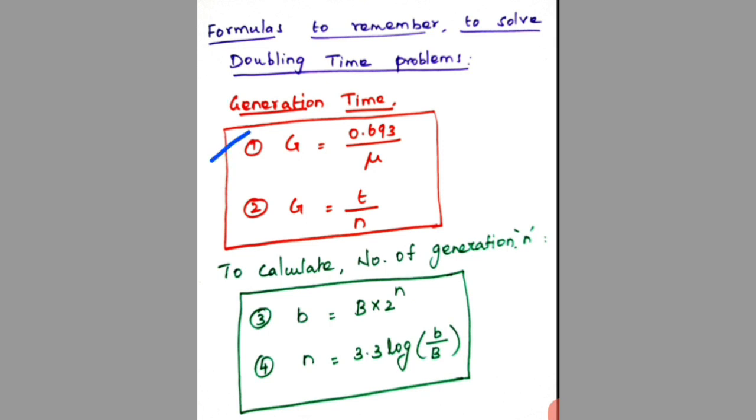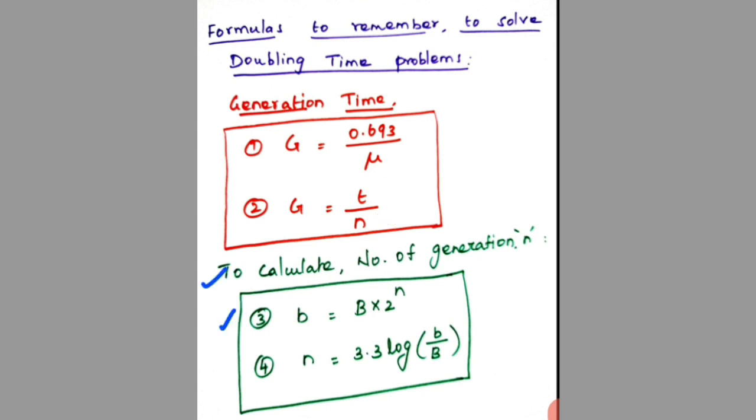this formula. And in the given data, if they have given the cell population or generation time, you can use this second formula, that is G is equal to T divided by N, where T is time interval and N is number of generations.